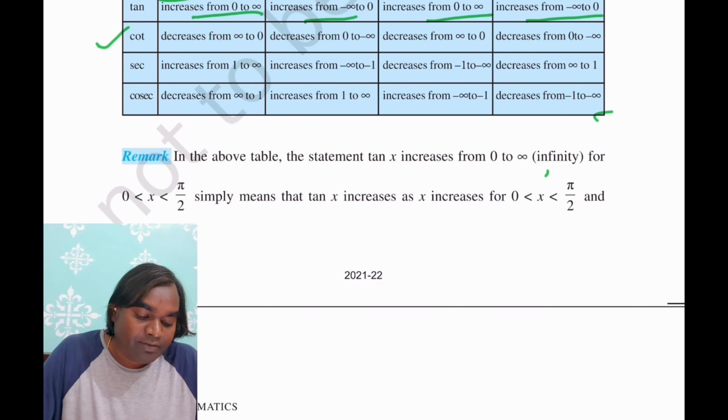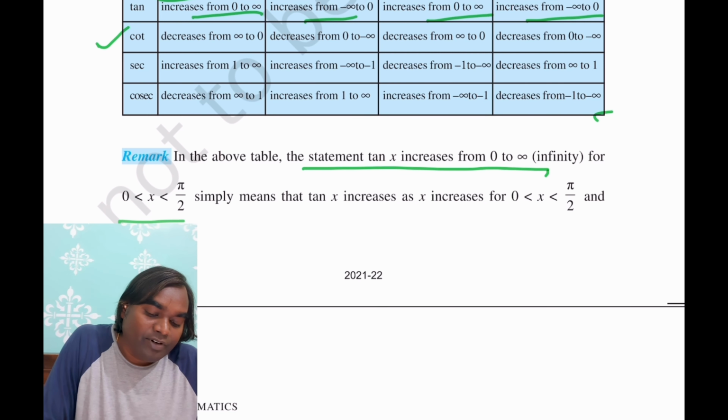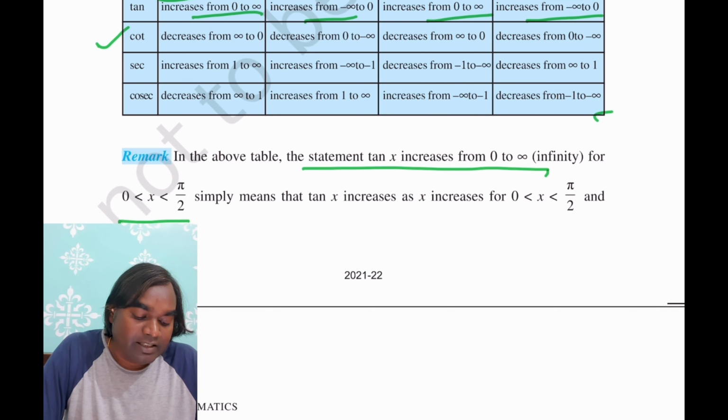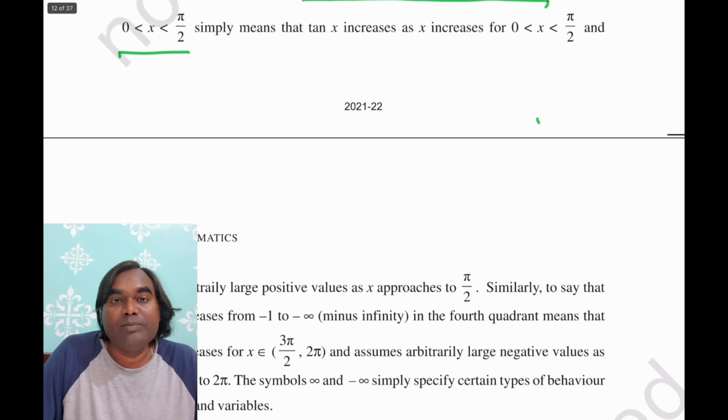Now in the above table, the statement that tan x increases from 0 to infinity for the first quadrant lying between 0 and pi by 2 simply means that tan x increases as x increases for angles lying between 0 and pi by 2, and assumes arbitrarily large positive values as x, that is the angle, approaches pi by 2.